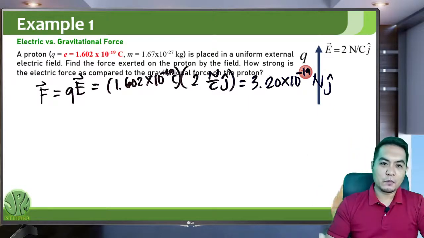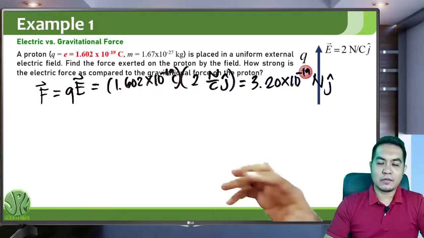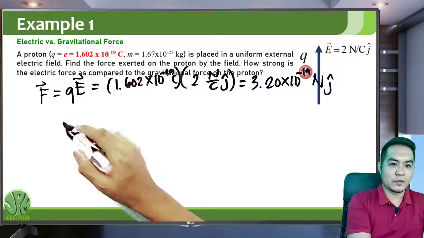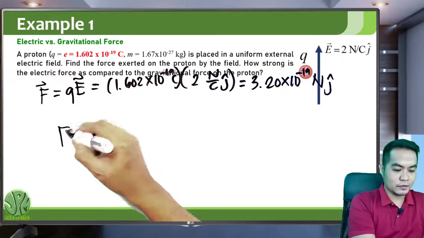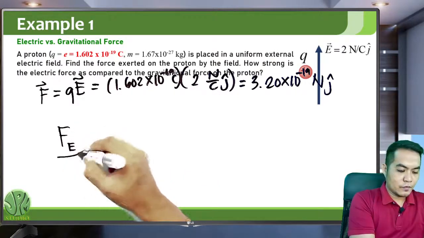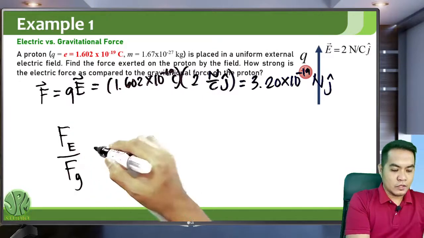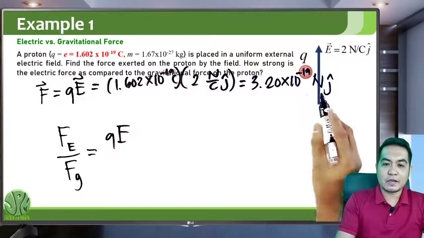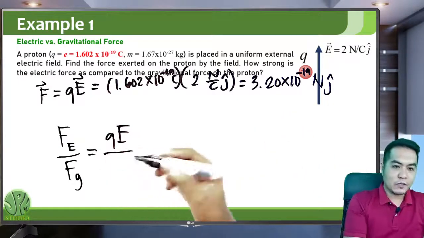Now, how do you compare the electric force and the gravitational force? We just take the ratio. So this is the electric force. We already know the electric force is just Q times E. So this value is the magnitude. And then the magnitude for the gravitational force.